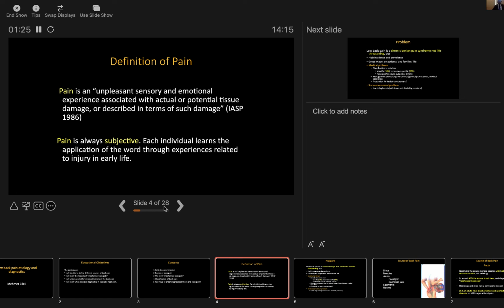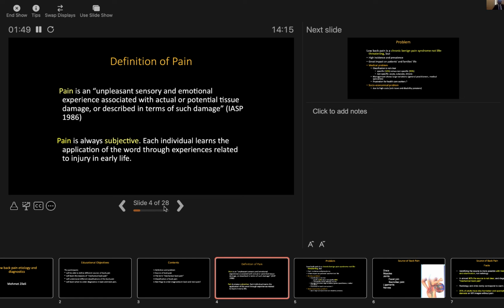It's a subjective feeling, and each patient learns the application of the word pain through experience related to injury in early life. So everyone uses other terms to describe their suffering.